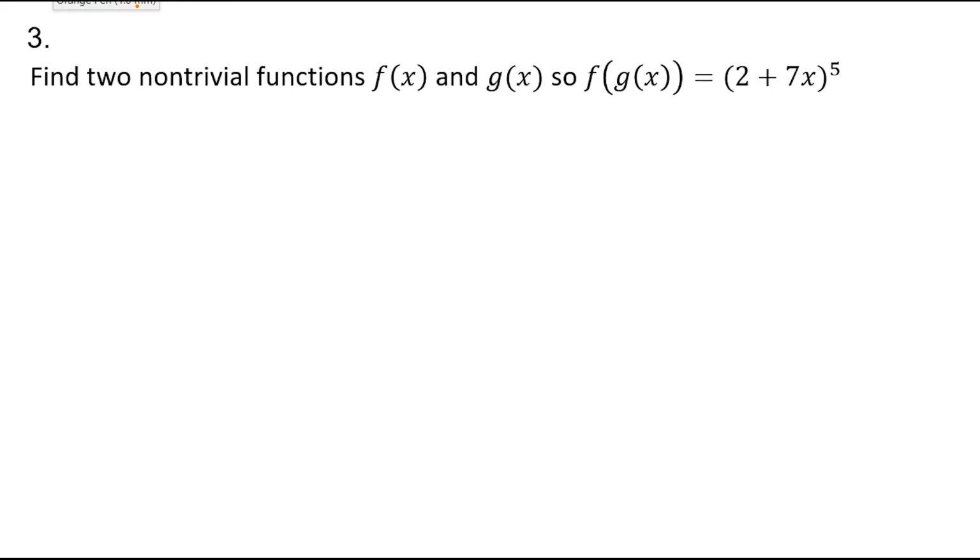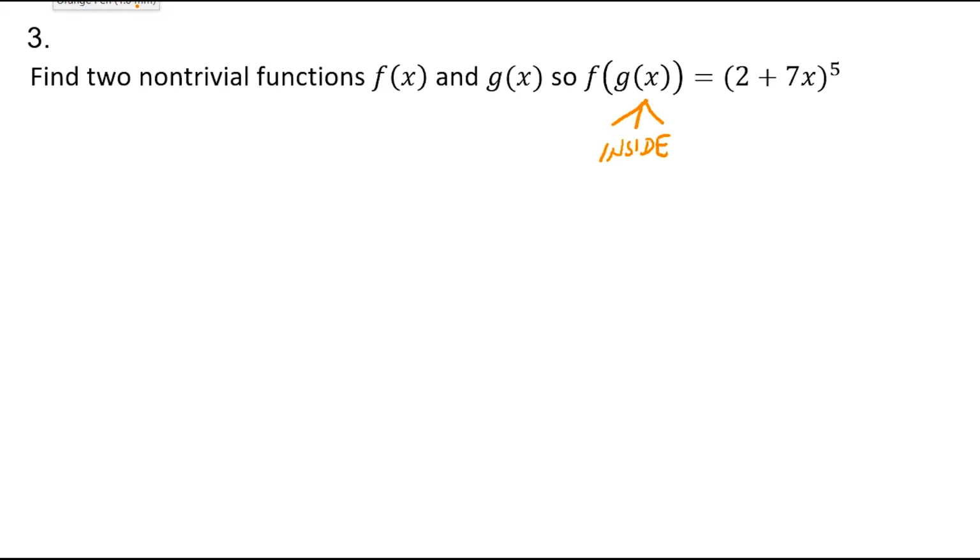So the first thing we want to do is start with the inside. Remember that this here is our inside, so we want to establish that first. Look at what's happening to the output: you have something inside of these parentheses, and then all of that is being raised to the fifth power.